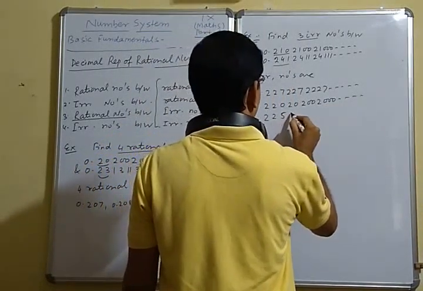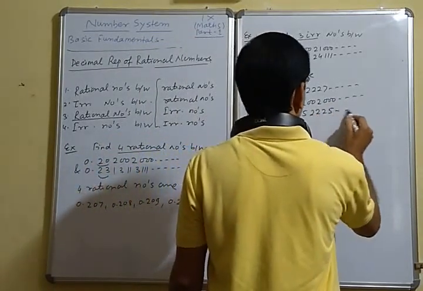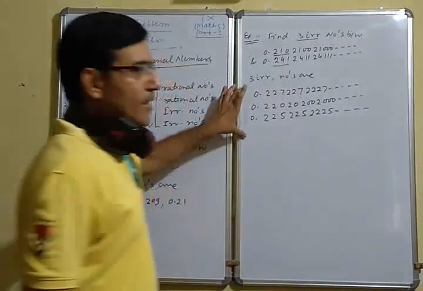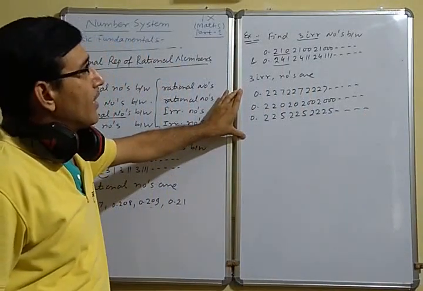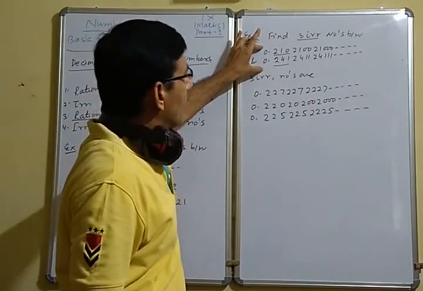And 0.225225225 and so on. So we can insert infinite irrational numbers between any two given irrational numbers.